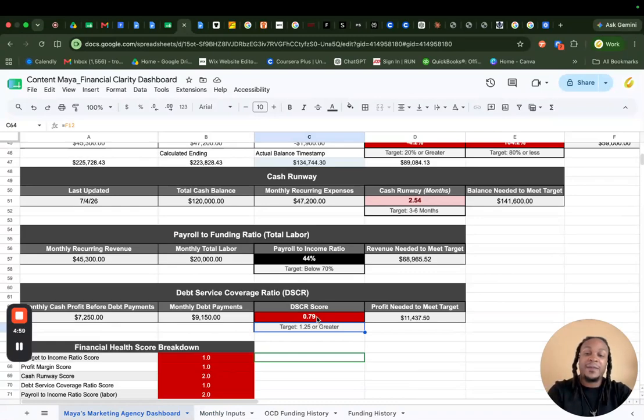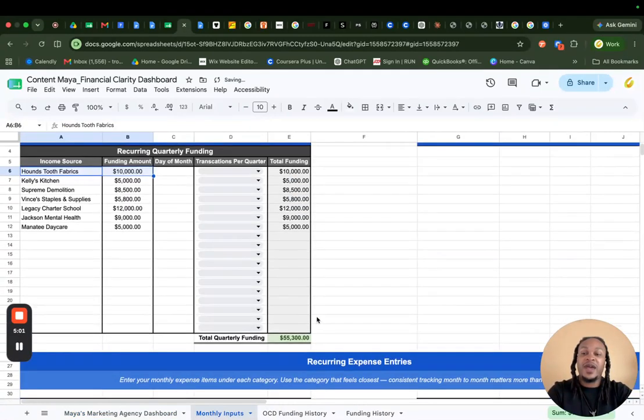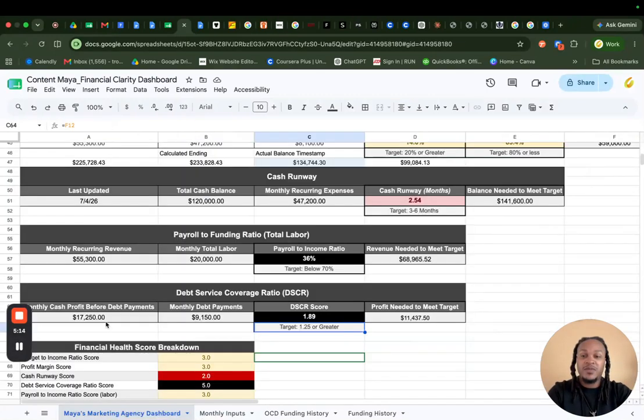0.79. Let's go back. Let's add back Houndstooth Fabrics. So Houndstooth Fabrics is a $10,000 retainer. So that means our income went down $10,000 a month. Before, our monthly cash profit before debt payments was $17,250, and our DSCR score was 1.89, with our total debt payments being at $9,150.